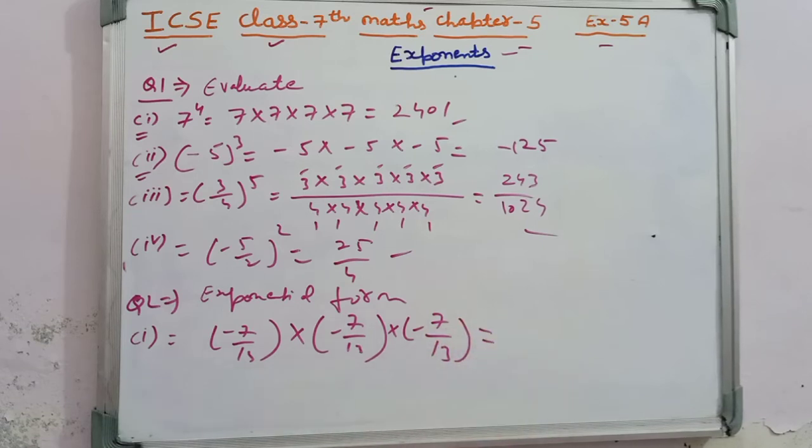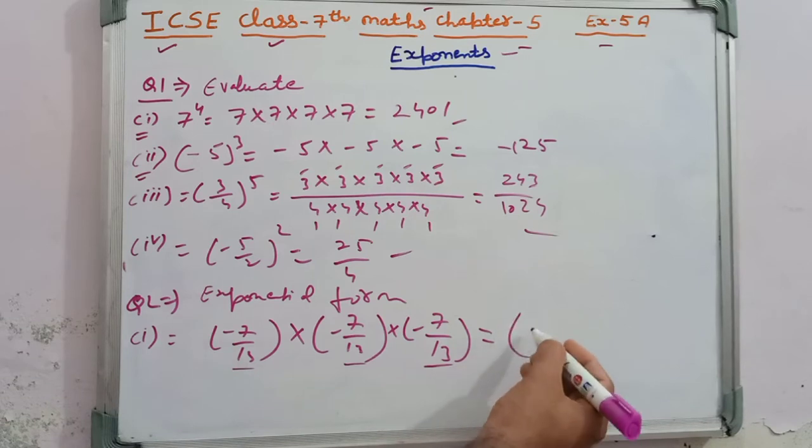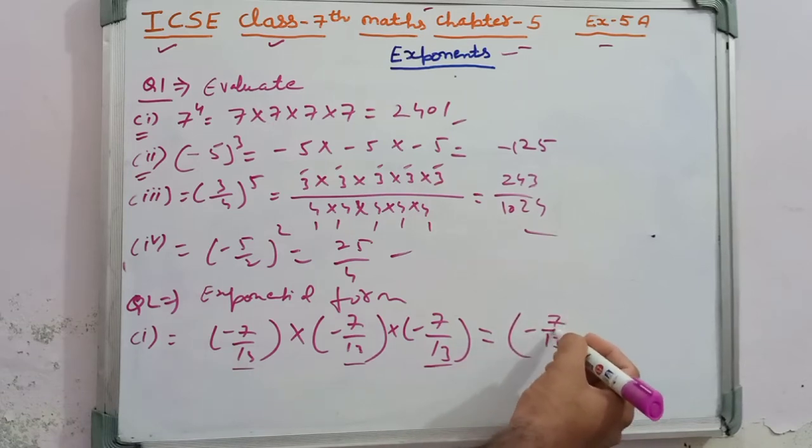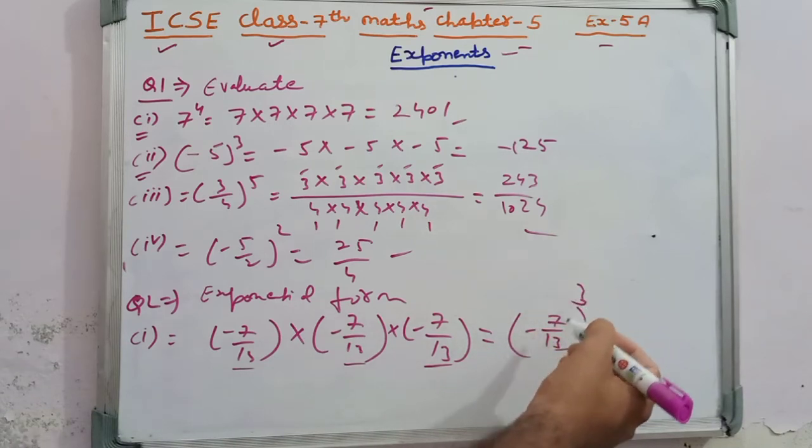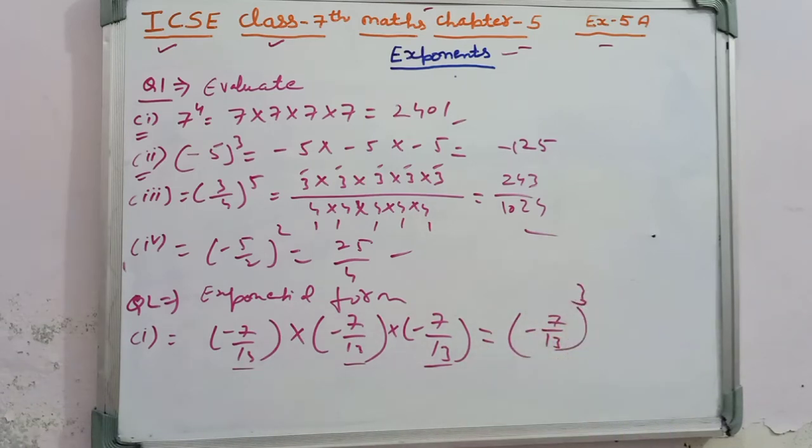You have to write it in exponential form. Your base is the same, so minus 7 upon 13. Now power 1, 2, 3. Minus 7 upon 13 raised to power 3. This is your answer.